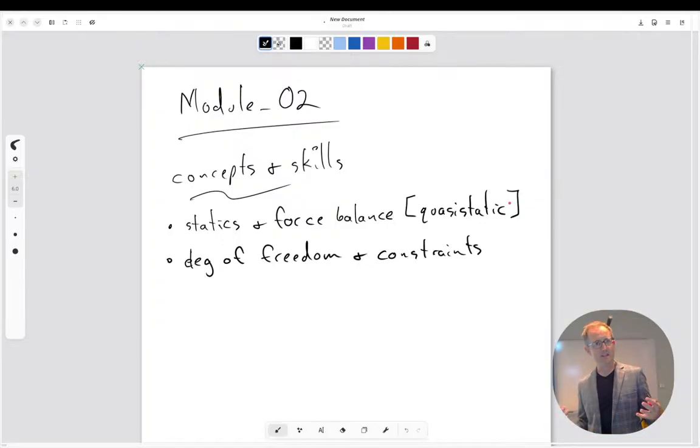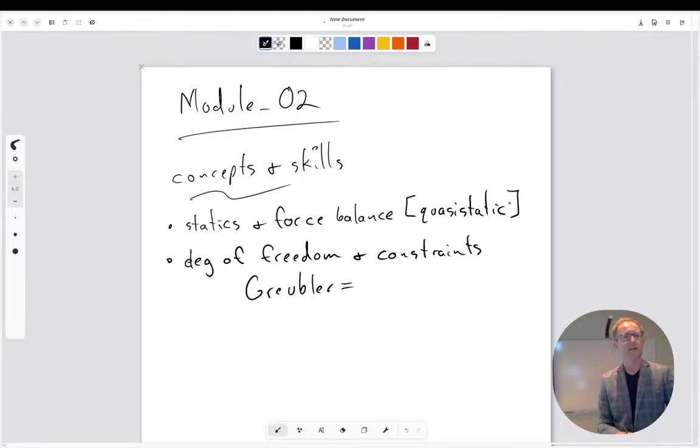The fancy word for that, maybe not fancy, the silly word, Grubler. Sounds like something from Rick and Morty, but the Grubler count is like the total number of parts and their degrees of freedom. So every part has 6 degrees of freedom minus all the constraints.